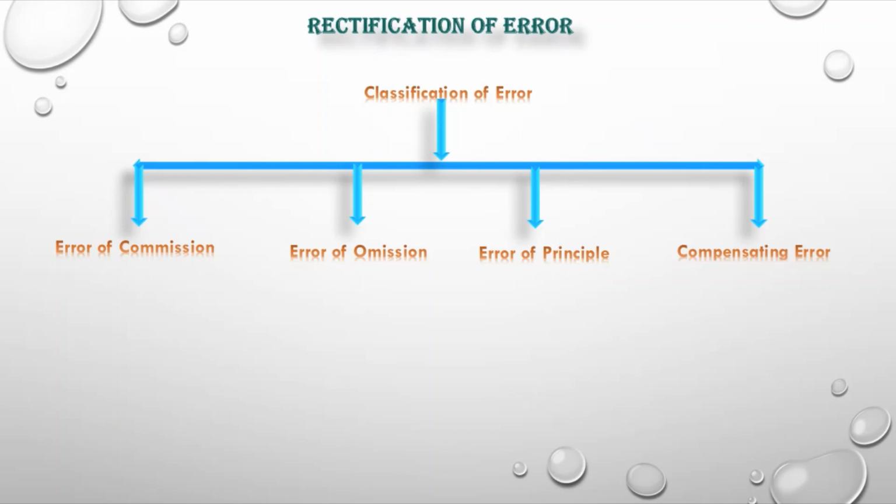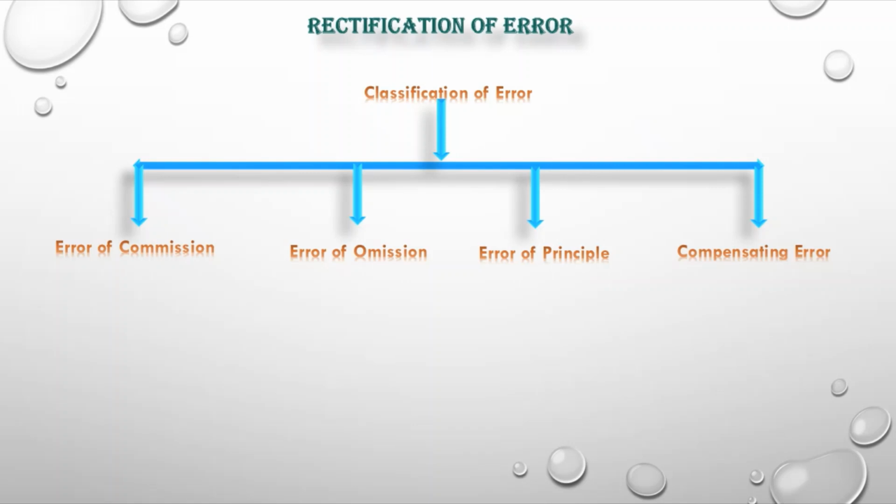So here this has been left to be recorded in the books by the accountant. If you leave out any entry from writing to the books, then such kind of error is known as error of omission.